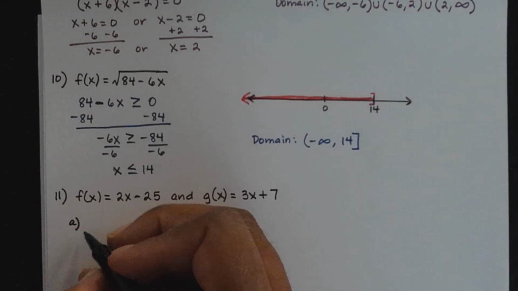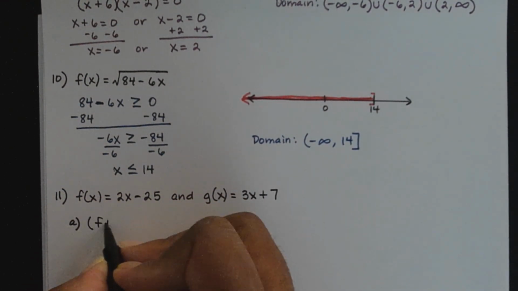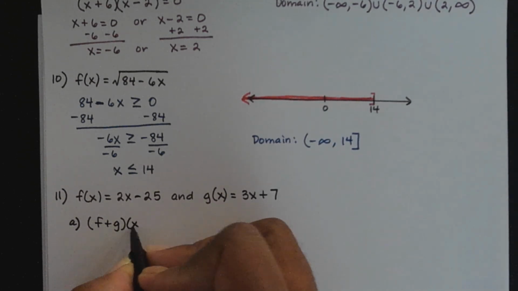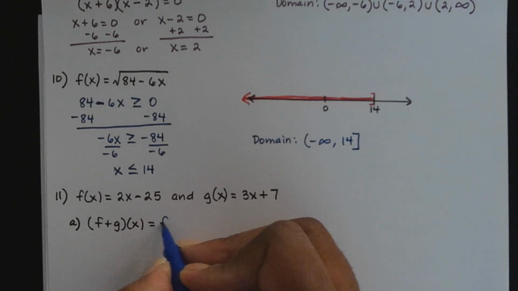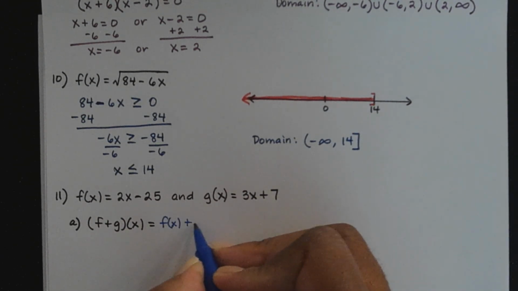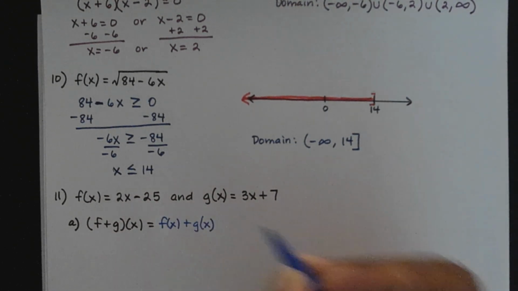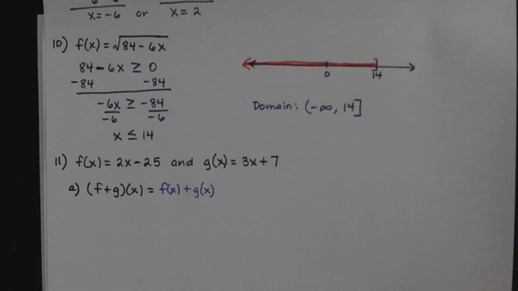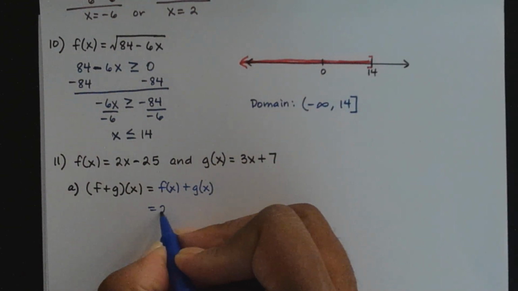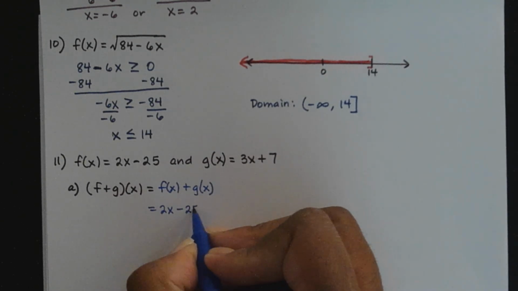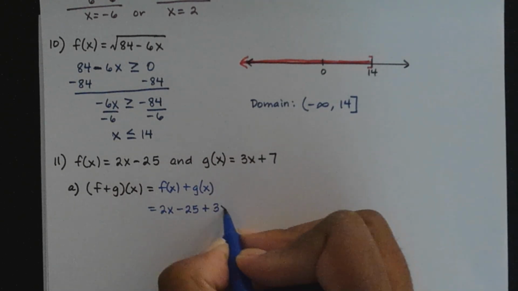And in part A, they ask for the sum of the two functions, f plus g of x. So in this case here, we're looking for f of x plus g of x. So pretty much f of x is 2x minus 25, then plus g of x is 3x plus 7.